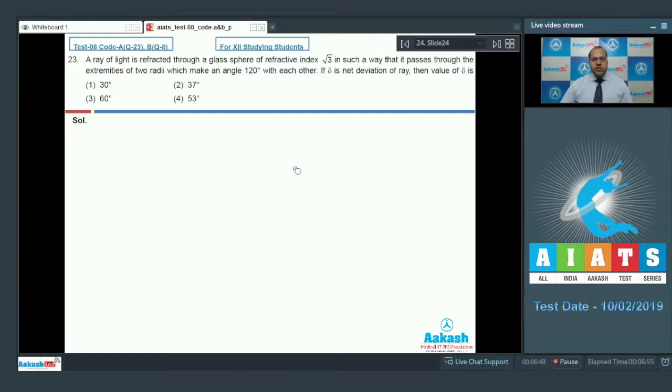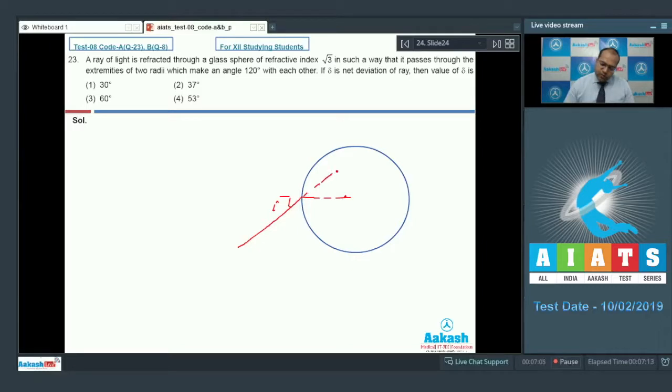Let's analyze the situation. Suppose this is a glass sphere of refractive index √3. Now, suppose at this point the ray is incident at an angle I. Since the ray moves from air to glass medium, it bends towards the normal.